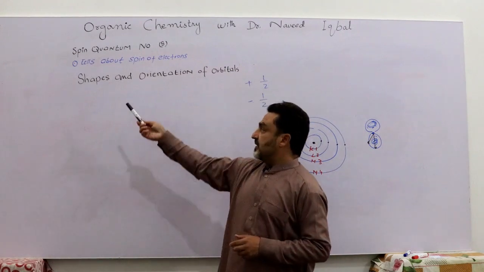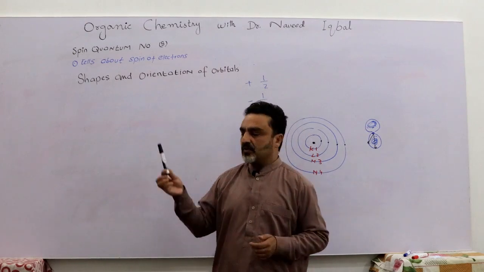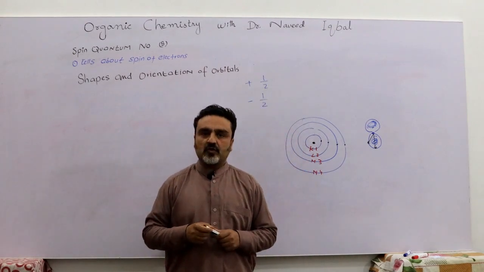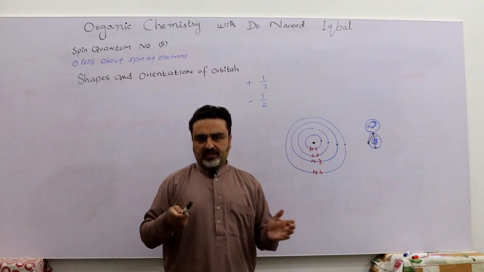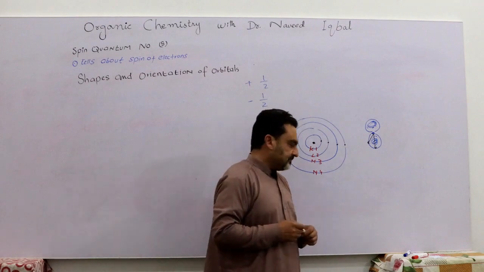Now let's come to the shape and the orientation of orbitals, which we want to discuss because it's a very interesting and important topic in chemistry, and very important for beginner students.